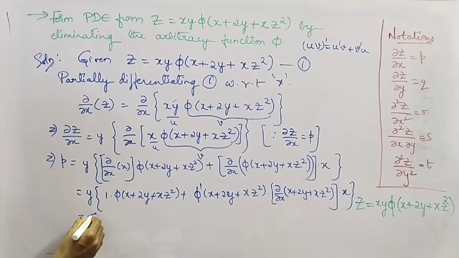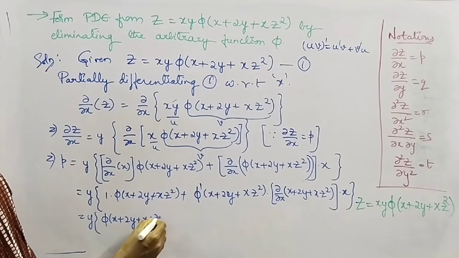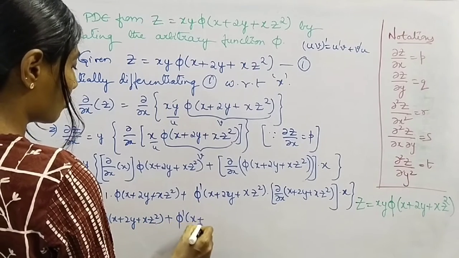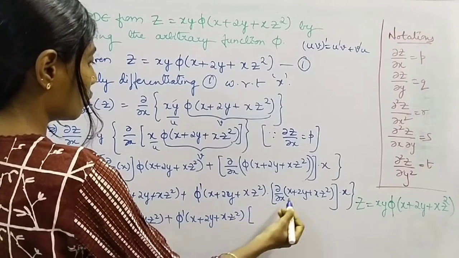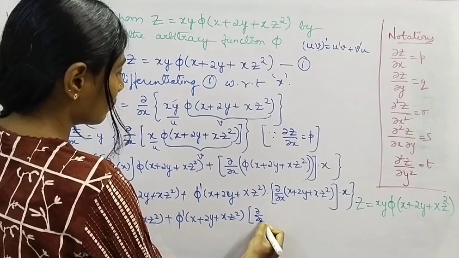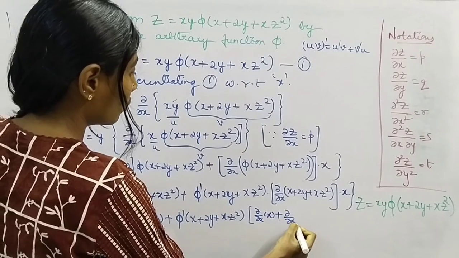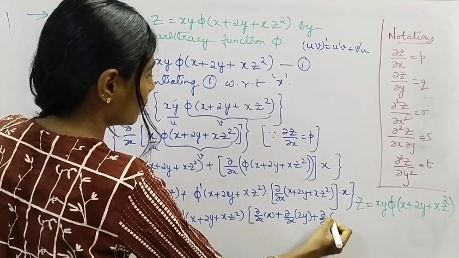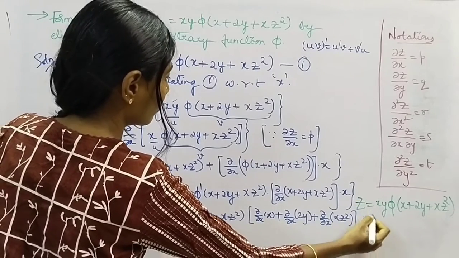Which gives us y times 1 into phi, which is phi of x plus 2y plus xz square, plus phi dash of x plus 2y plus xz square into the partial derivative of the first term, right? Here also you can just skip this step and do it directly, into x.